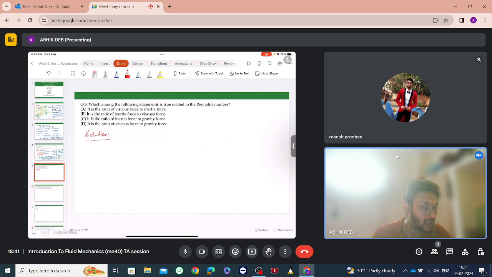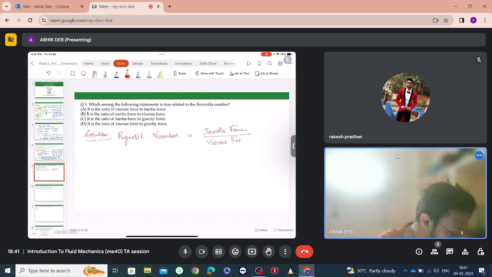It is used to define the transition at which the flow becomes turbulent from laminar. So the Reynolds number is the inertia force by the viscous force. What is the inertia force? Inertia force is mass multiplied by acceleration, right?